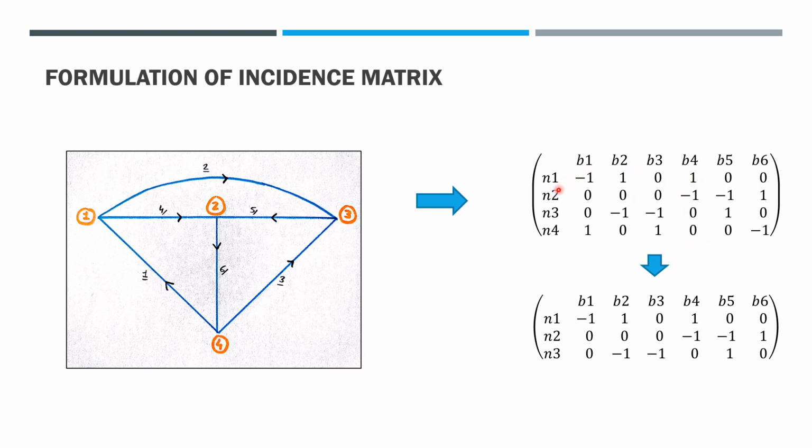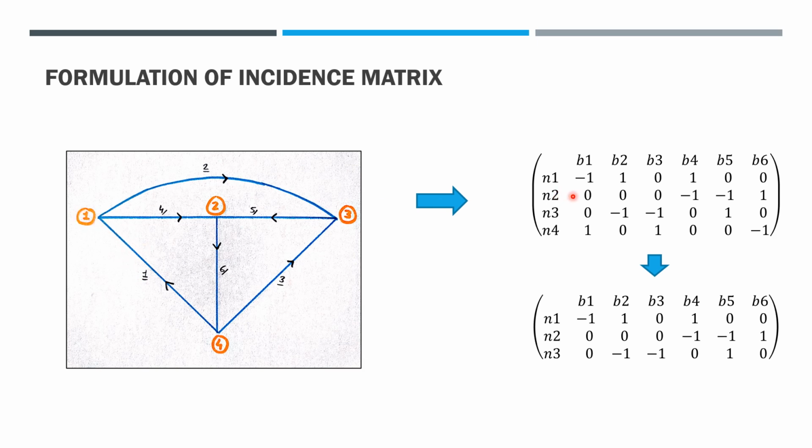The next thing you can observe from the incidence matrix is that if we take the summation of elements of every column, it is 0. Minus 1 plus 1, 0. Minus 1 plus 1, 0. It is because every branch is connected between two nodes. If it is going away from a node, then obviously it is coming towards another node.